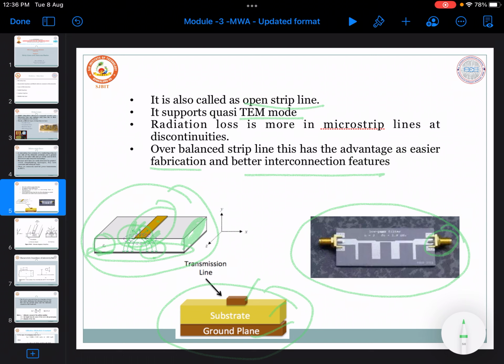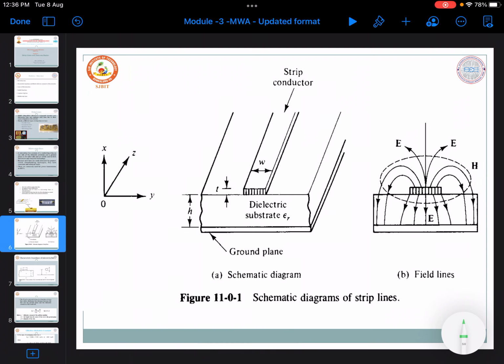This is the geometry again, a schematic diagram. One can notice the dielectric substrate with dielectric constant epsilon r and height h. On one side you have a strip conductor with width w and thickness t, small t.